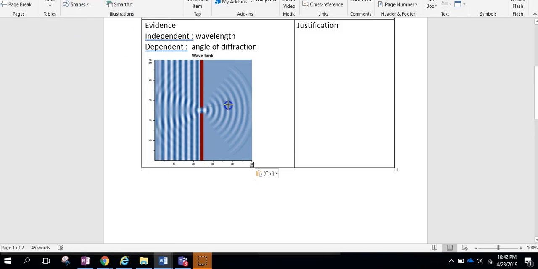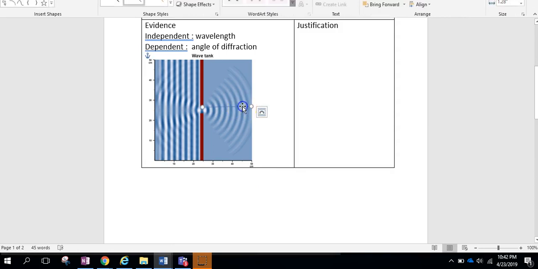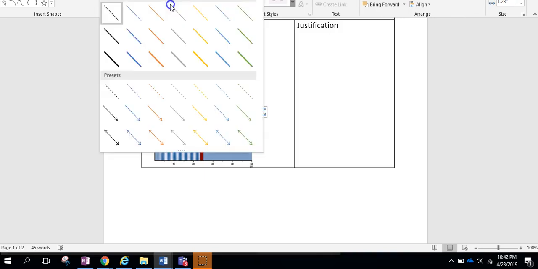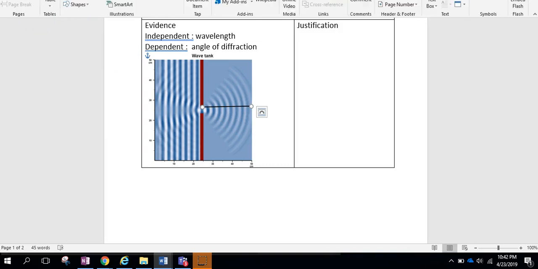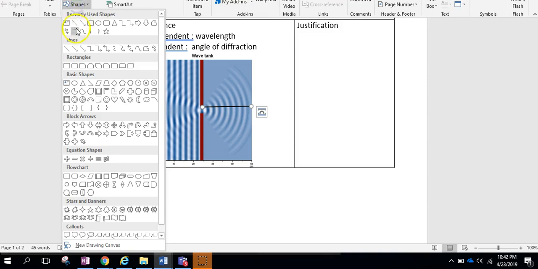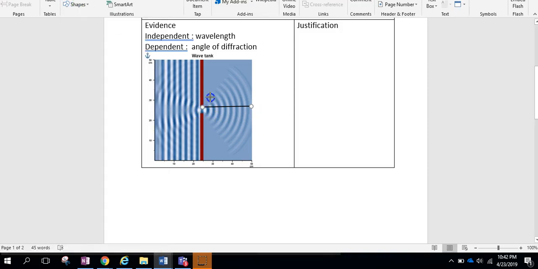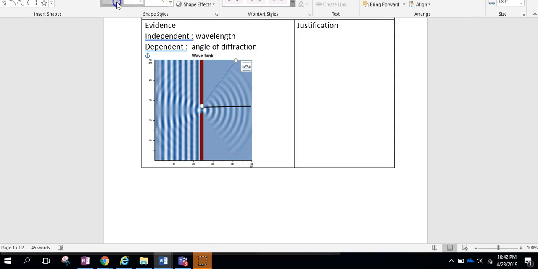I want the angle between this horizontal, so I darken that line, and also the angle between the other line, so this is how much the wave has spread. If I draw a line at the edge of this, it will help you determine the angle of diffraction.